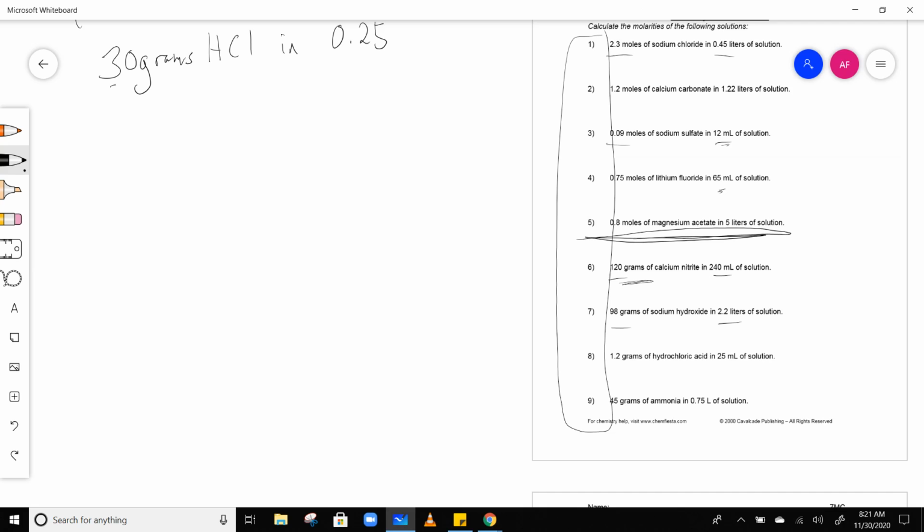We have to convert the grams of HCl to moles first. So 30 grams of HCl, and we're going to convert that to moles. So 1 mole over the molar mass of HCl, which is, Cl is 35.4, so it's about 36.5.